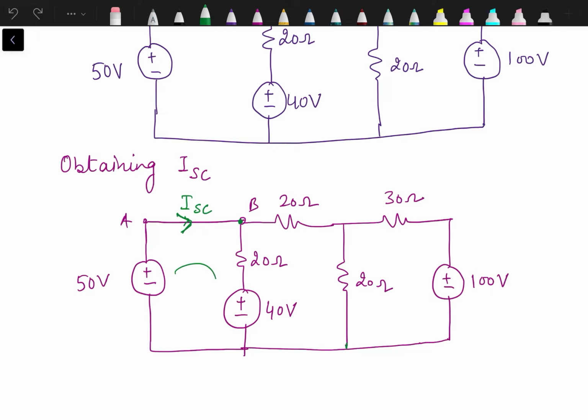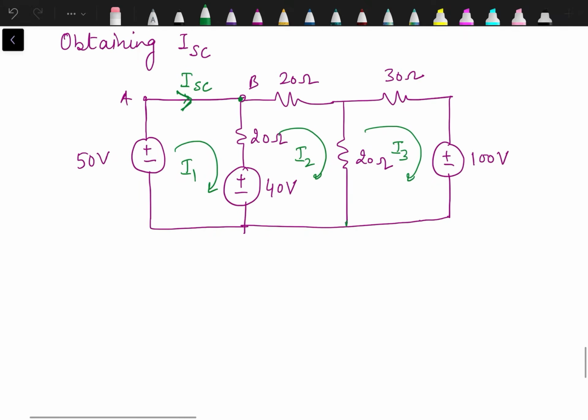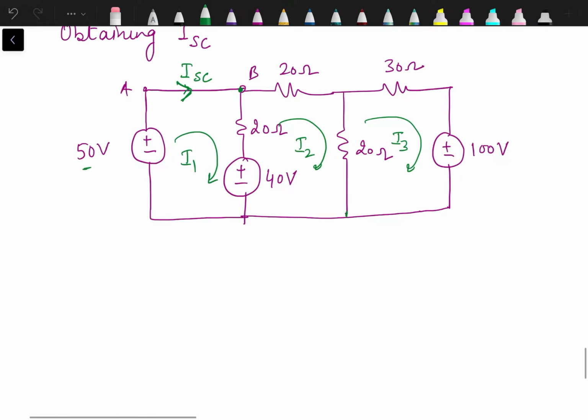Let's assign all currents clockwise: I1, I2, I3. Starting from the first mesh, mesh 1, I will start from the 50 volt source, minus 50, then the drop across 20 ohm. Polarity is marked as per the flow of I1.